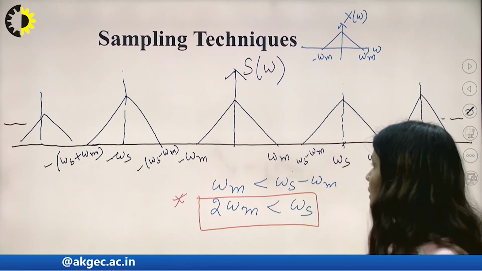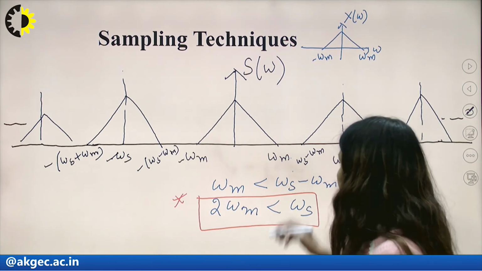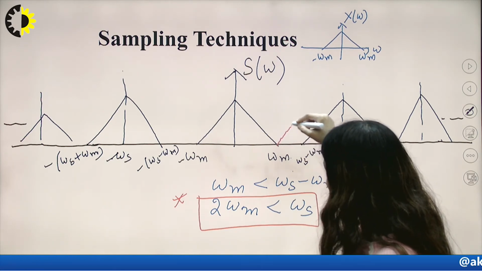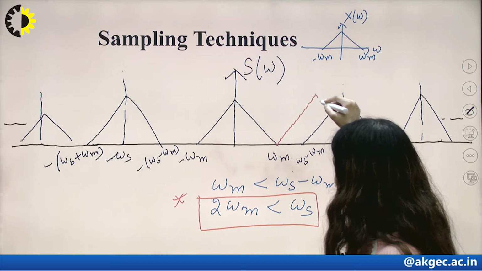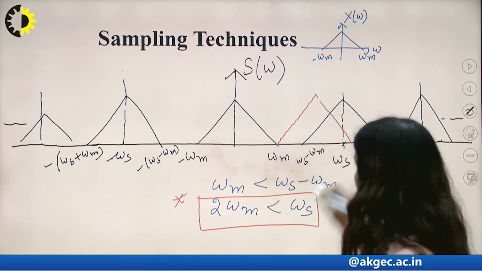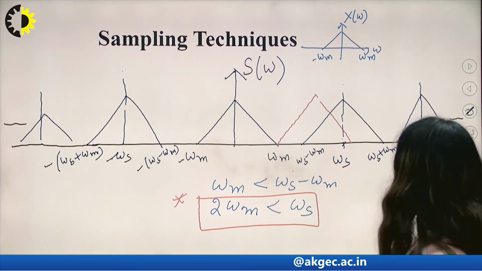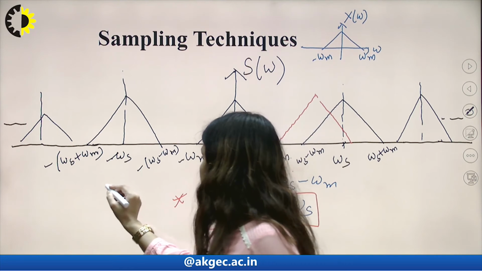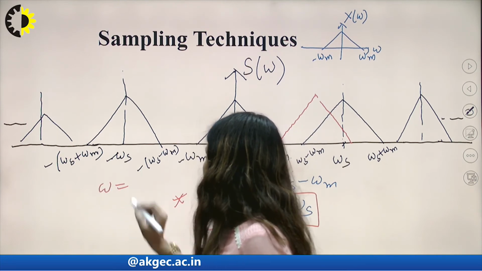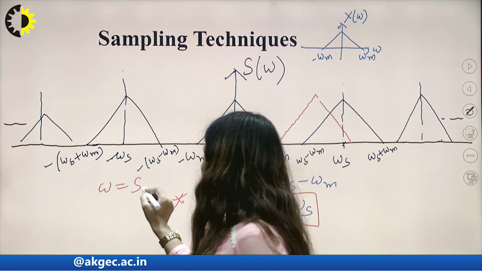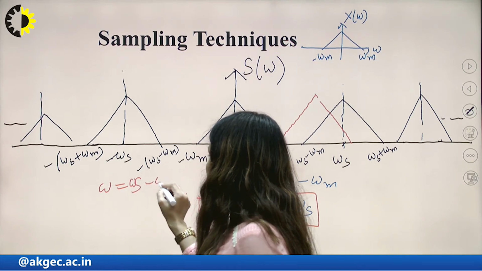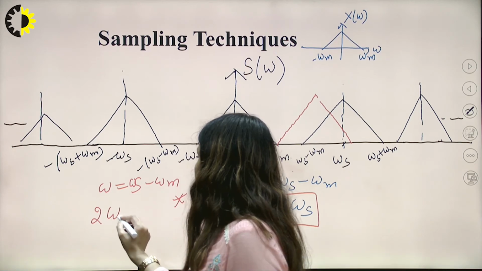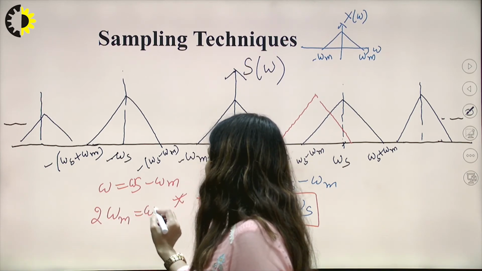Let us consider a case where this point starts from here. In that case, omega m will be equal to omega s minus omega m. That means 2 omega m is equal to omega s.